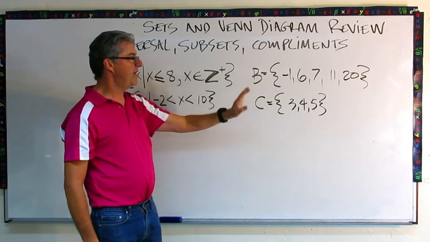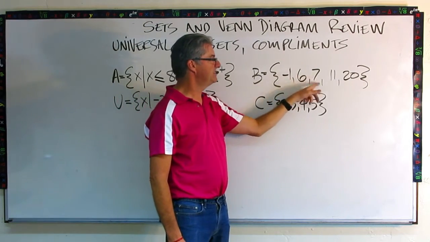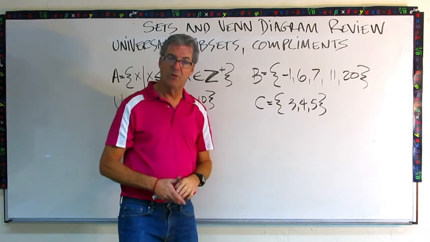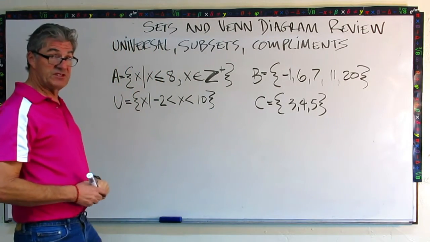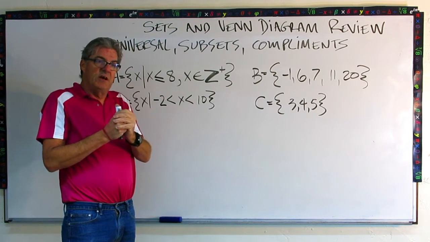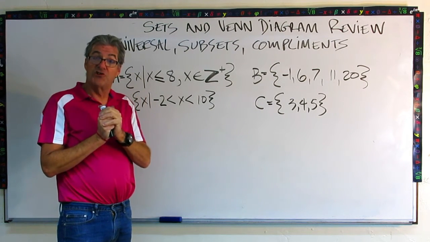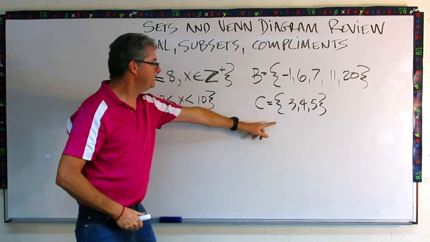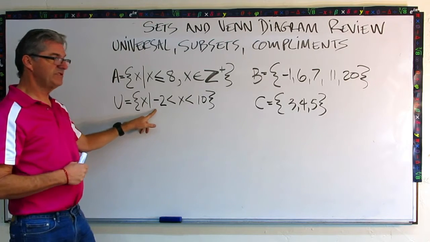Set B is just defined by showing you some elements, -1, 6, 7, 11, and 20, and then set C is 3, 4, and 5. Okay? So let's take a look at the subset idea. To explain, a subset is just a smaller piece of a larger set. And you can see here that C is a subset of our universal set.